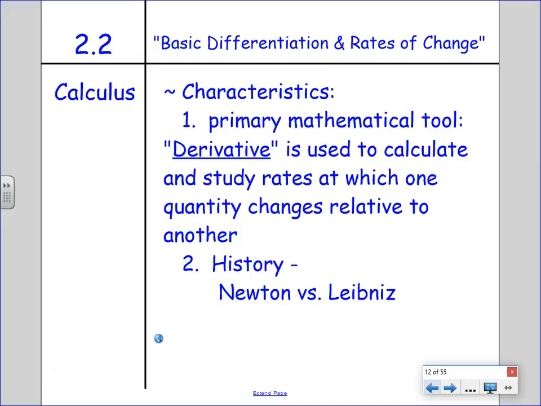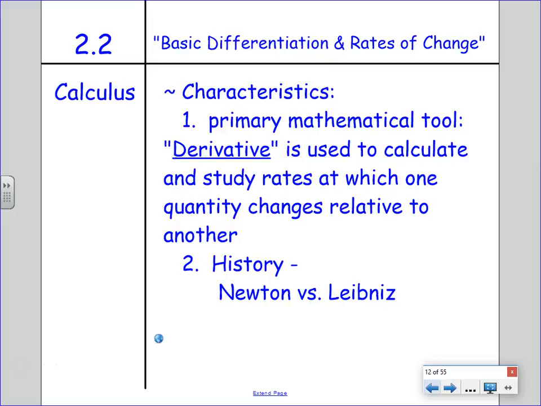minute, but we could. But this whole studying rates at which one quantity changes relative to another, that can be applied to economics, that can be applied to physics, that can be applied to chemistry, that can be applied to all sorts of different things. Derivatives are applicable across many fields.